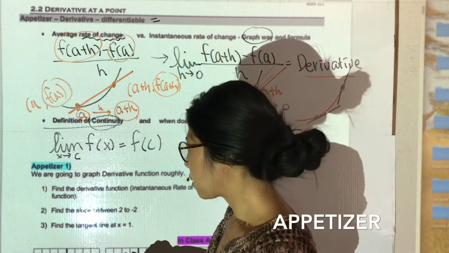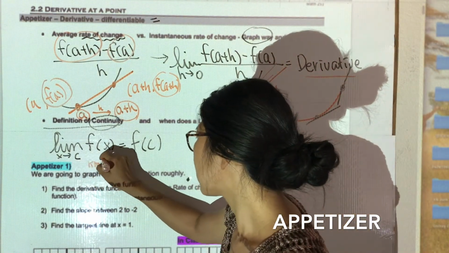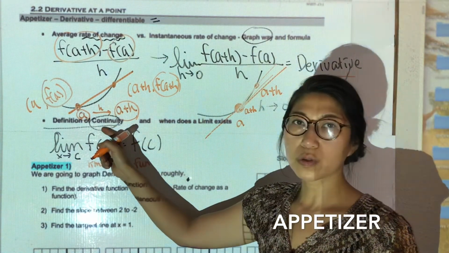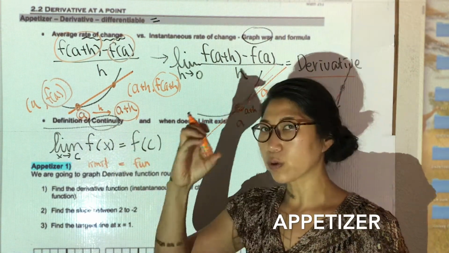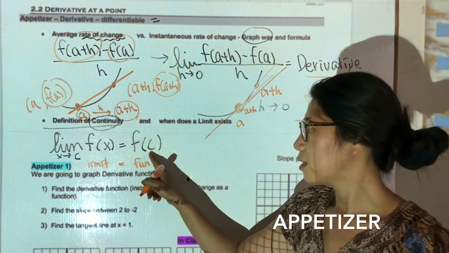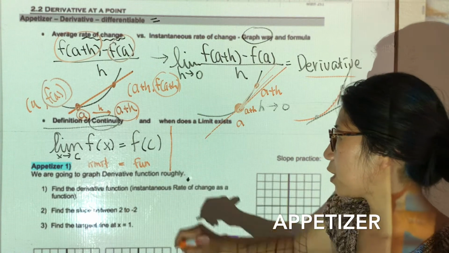So basically my limit and my function value have to be the same. That means we don't have a hole there, because it's filled in by my function. That's the definition of continuity.